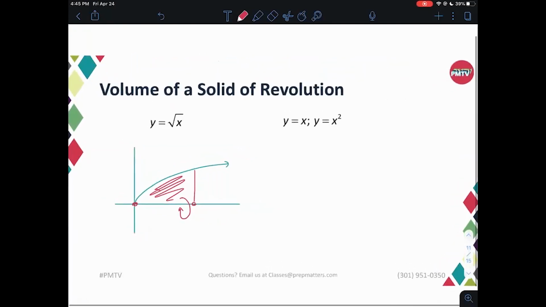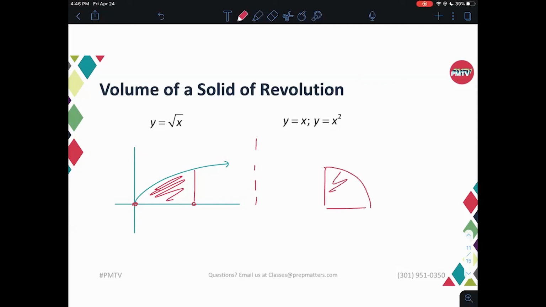Maybe we're going to rotate it around the line x equals 9, way over here, in which case we end up with a solid that has a giant hole in the middle and then has this kind of shape going on. It's very hard to draw 3D shapes on here.